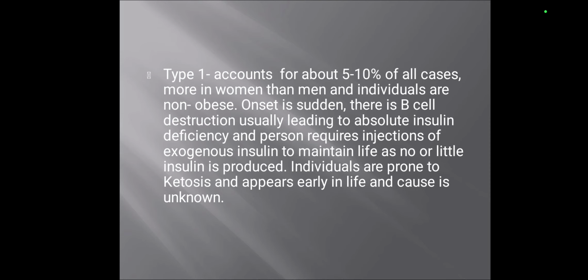So, in this type, the immune system is the one that destroys the beta cells. Because the beta cells are responsible for the production of insulin, this will lead to absolute insulin deficiency. These people are going to require injections of exogenous insulin to maintain life, due to insufficient insulin production.